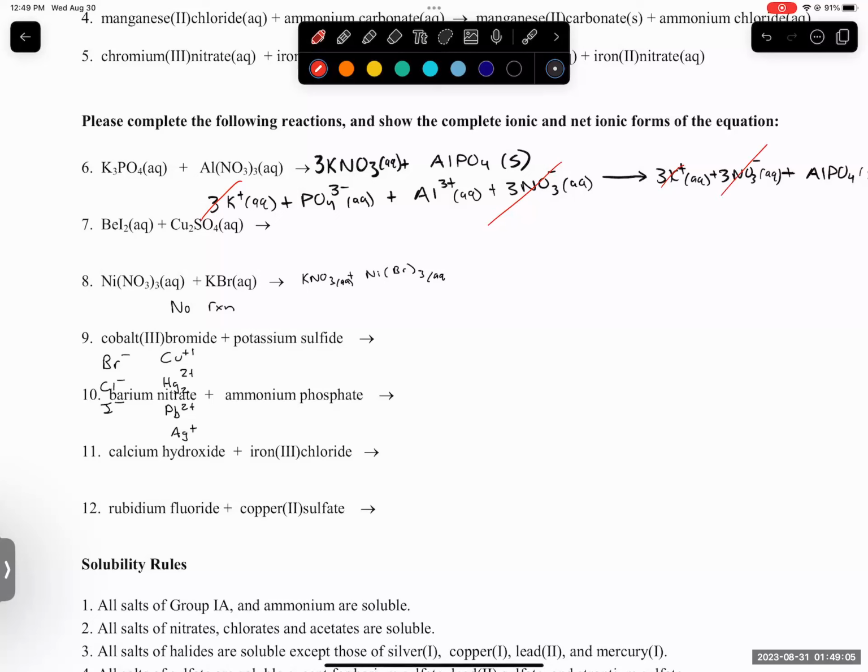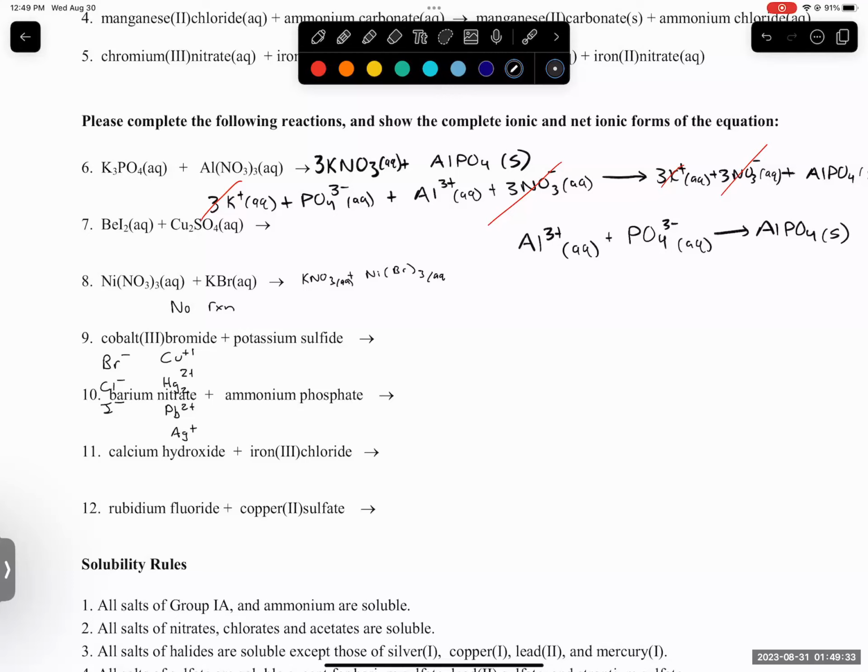And so our net ionic equation is everything that didn't cancel out. So aluminum 3 plus aqueous plus 1 phosphate produces aluminum phosphate precipitate.